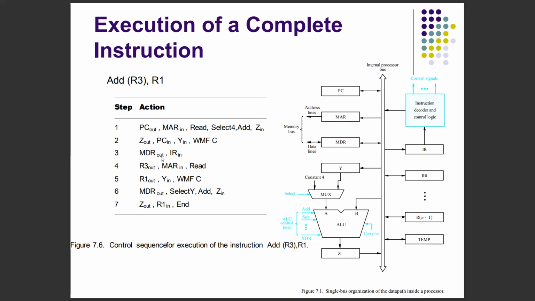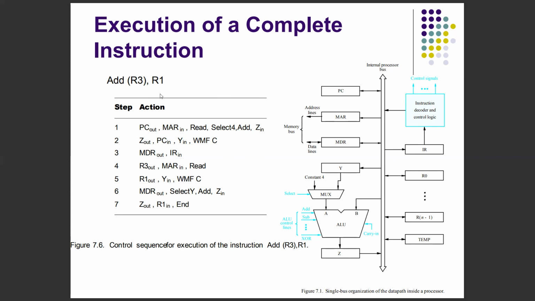MDR contains the instruction fetched from the memory, which is transferred to the IR in via the common bus. Then we already have the data address in R3. So R3 out is taken from the register on the right side and placed onto the common bus. That is forwarded to the MAR. With MAR in, we initiate the read cycle.